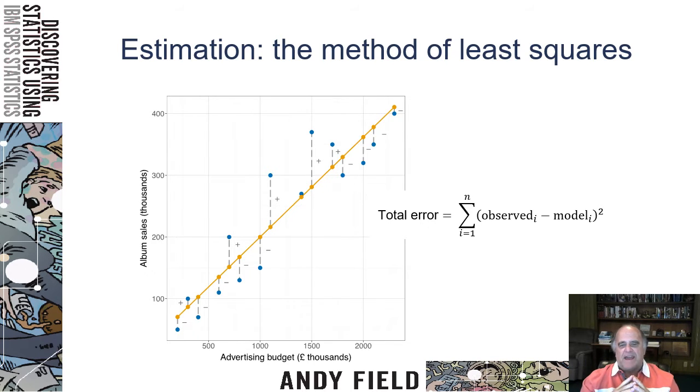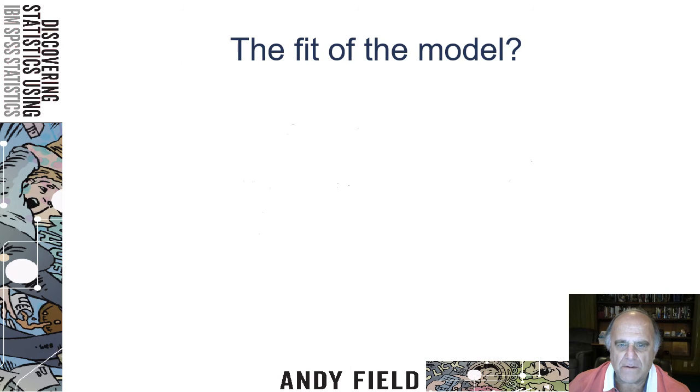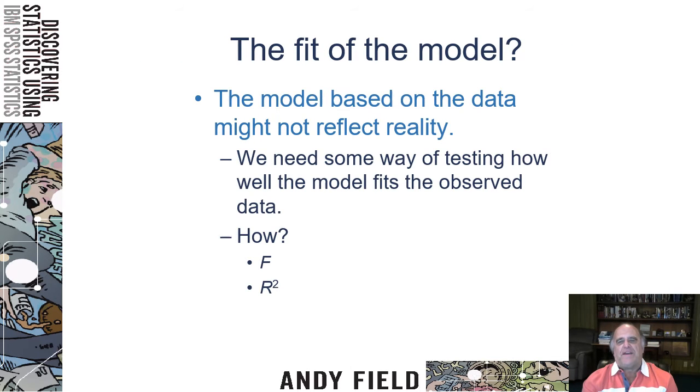So it's basically that error term squared. And we can estimate the fit of the model because the model is based on the data, but it may not perfectly reflect reality. In psychology, it's very rare that it even comes close to reflecting reality. So we need some way of testing how well the model fits the observed data. Usually that's a combination of our F ratio, whether it's significant or not, and our R squared, and how high our R squared might be.